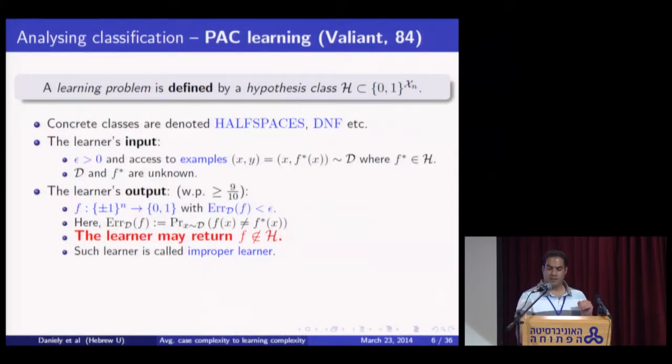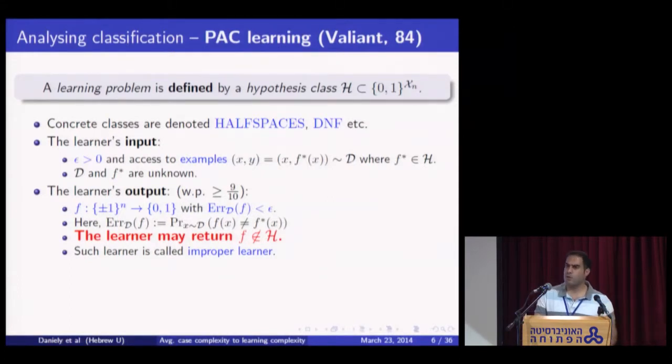And I emphasize, and this will be very important in this talk and generally in this project, that the learning algorithm has the freedom to return a function that does not belong to the learned class. If the algorithm chooses to do so, we call such a learner an improper learner. If the learning algorithm is guaranteed to return a function f from H, we call this learner a proper learner.